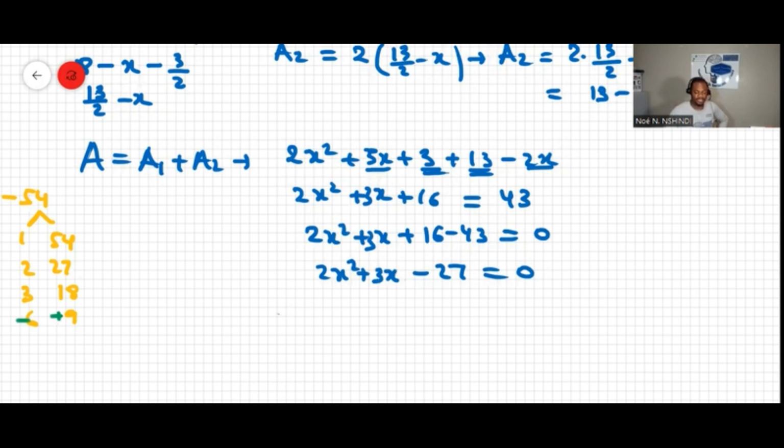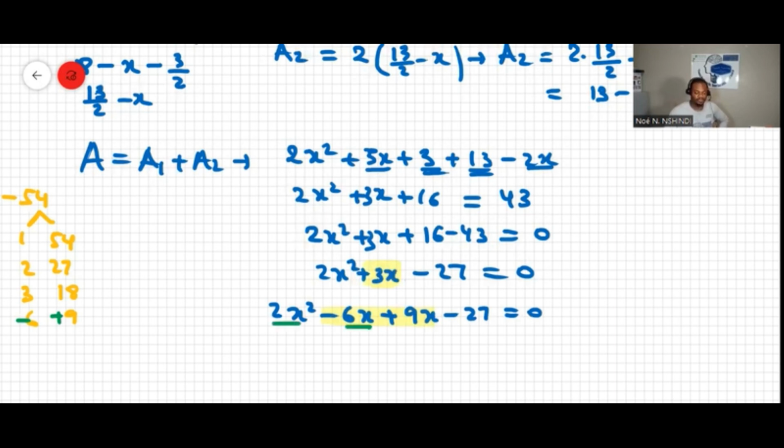if it's minus 6 and plus 9. Now, the quadratic equation can be written as 2x squared minus 6x plus 9x minus 27 equals 0. Then we can factorize by grouping.